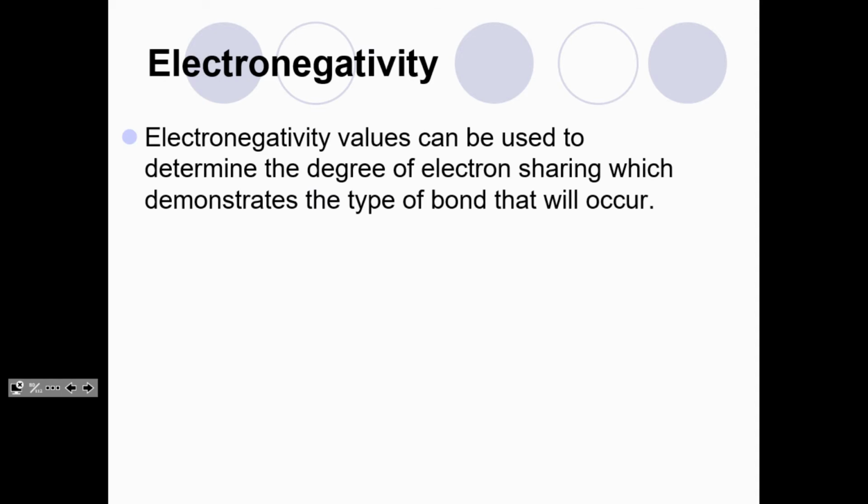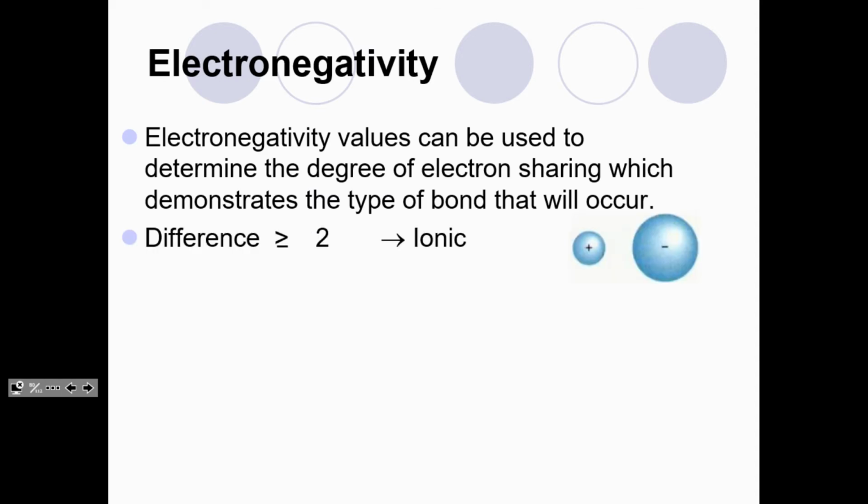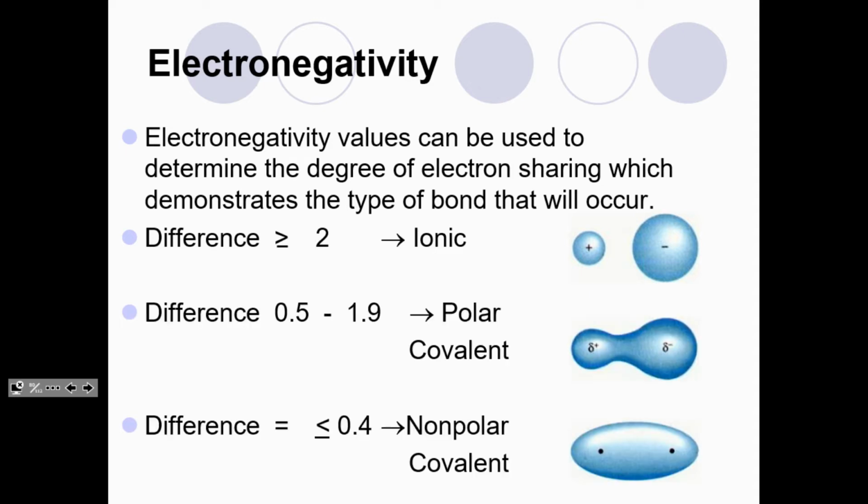So we're going to use electronegativity to help us determine bond polarity. In our notes, there is a scale that we're going to fill in. When we take two elements, we're going to be comparing the two and taking a difference, a subtraction.